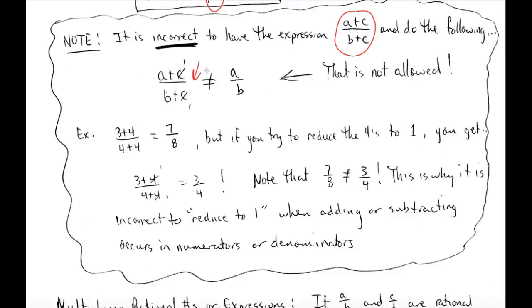Okay. The only thing that we cancel is stuff that goes to 0. Okay. This action that people attempt to do is called reducing to 1. And the issue with trying to reduce to 1 this way is that our original rule said this.